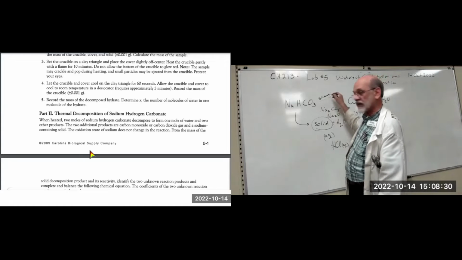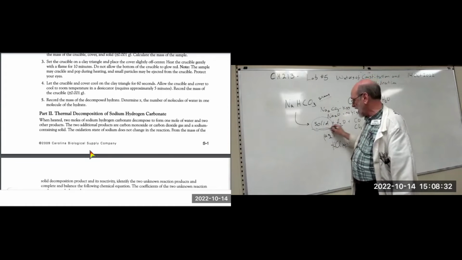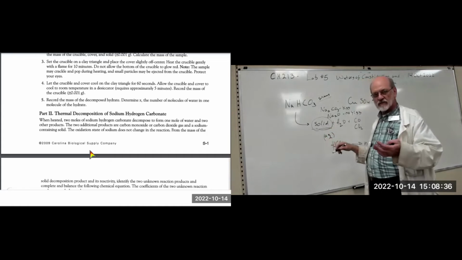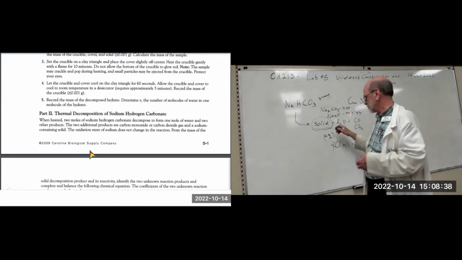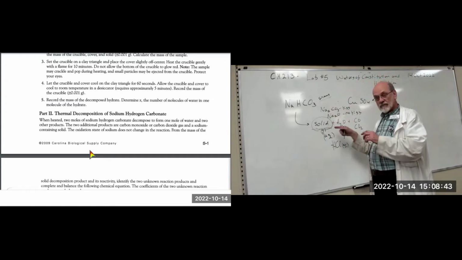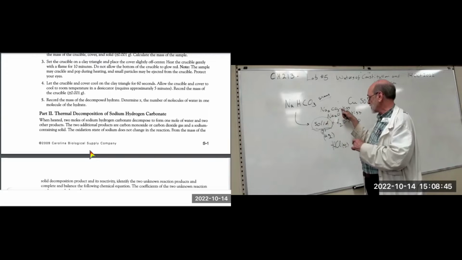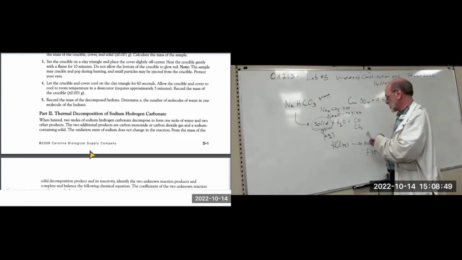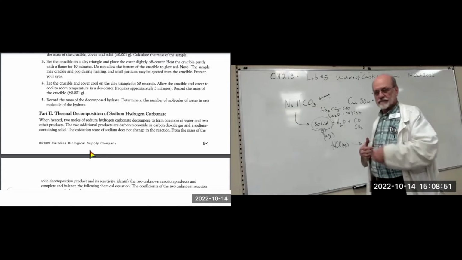Because you're going to start off with a known value here, then you're going to weigh it after you heat it. I use that term theoretically. And you're going to get a mass here, and you compare this mass to one of these two and see which one fits. That's your other confirmation in addition to the fizz.